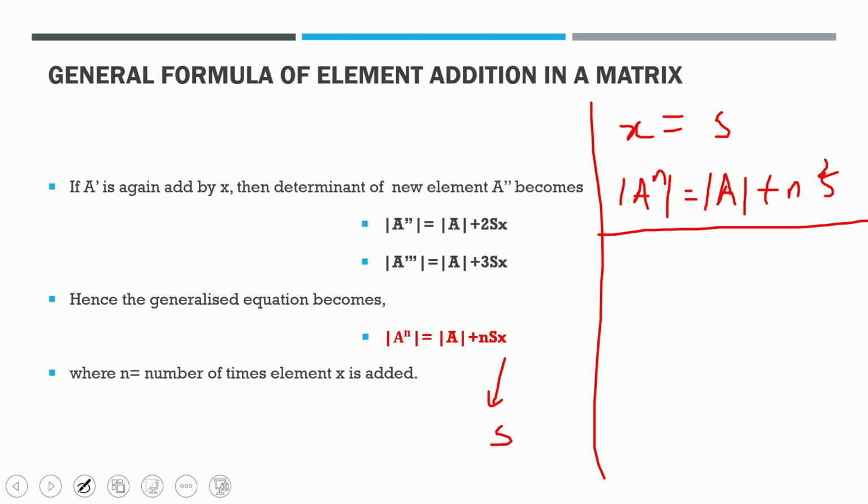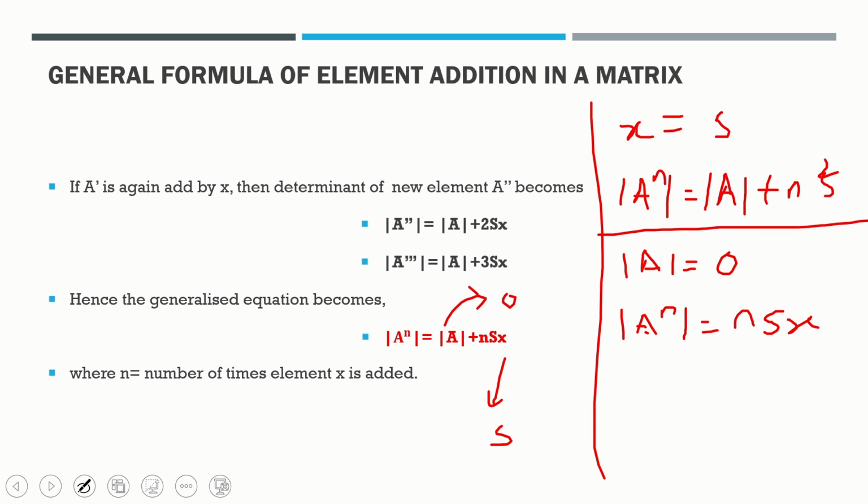Suppose if determinant of a is 0, means this value becomes 0, what will be det a power n? It will be equal to ns x. But here we cannot say that det a power n is 0.